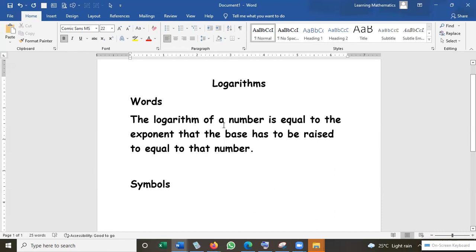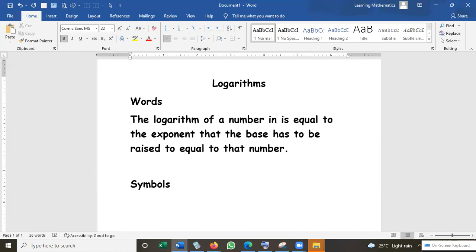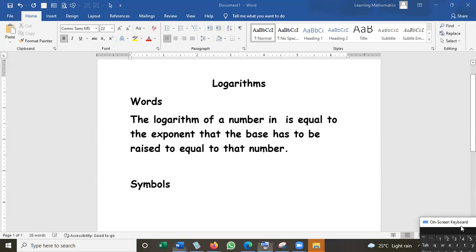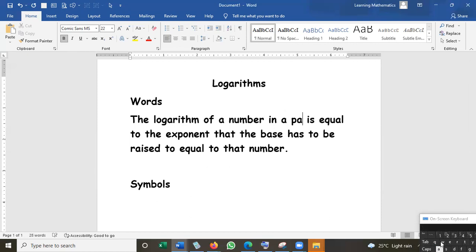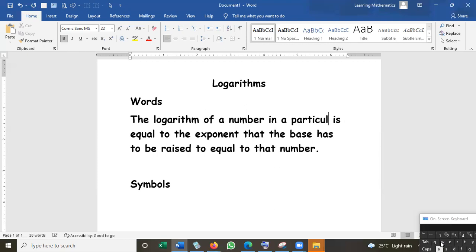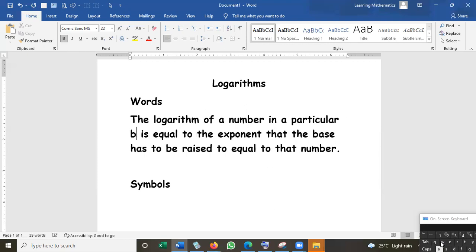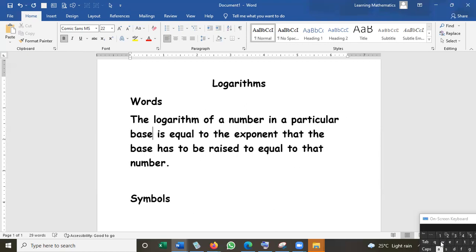The logarithm of a number in a particular base. And actually, this is one of the most important areas in that definition.